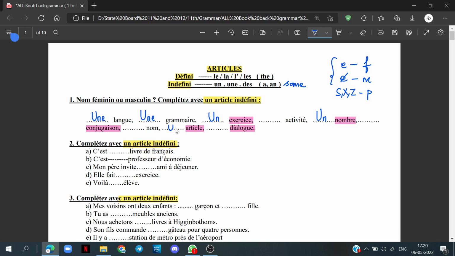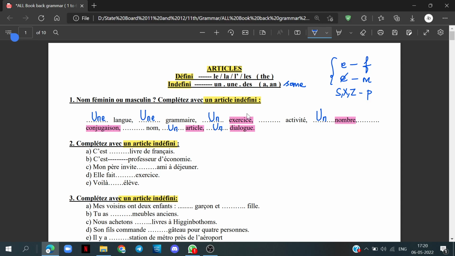Article ends with the e, masculine. Dialogue ends with the e, masculine. Then the word conjugaison, the conjugation of verbs, does not end with the e. That means it's supposed to be masculine, but since it's an exception, it follows the opposite rule.